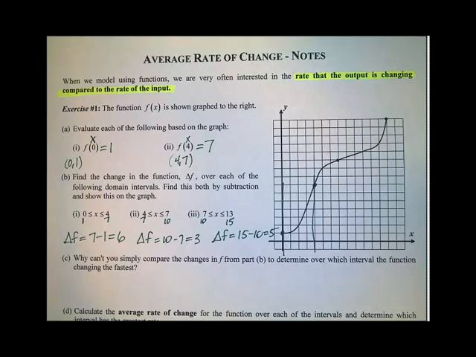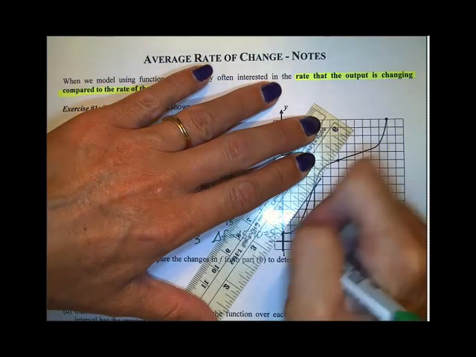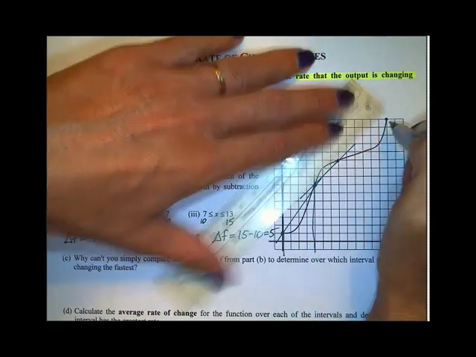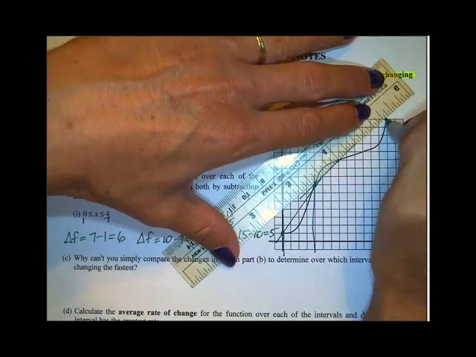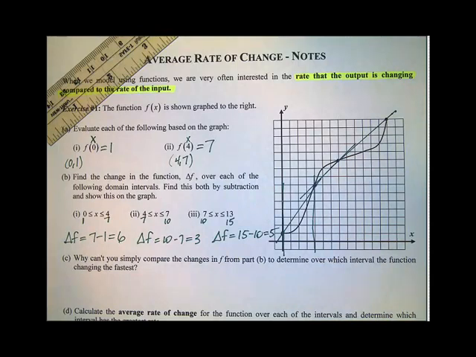Alright? So part C, why can't you simply compare the changes in f from part B to determine over which interval the function changes the fastest? So if we used our ruler and connected the dots, we just can't tell which one changes the fastest just by looking at these numbers.